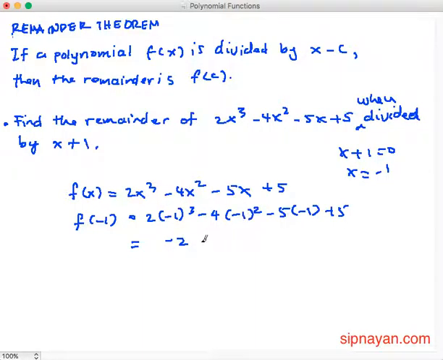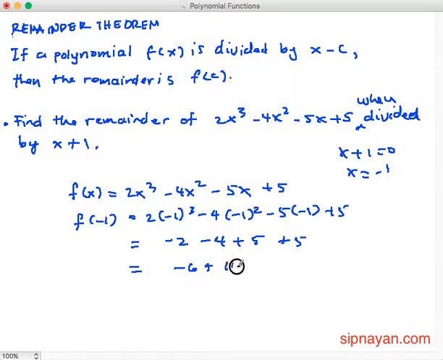And then magiging minus 4. 4 times negative 1 squared is 1, diba? So, wala namang magbabago dito sa 4. And then, magiging plus ito kasi minus 5 times negative 1, magiging plus 5. No? Minus and minus. And then, we have plus 5. So, this becomes negative 6 plus, ano yun?